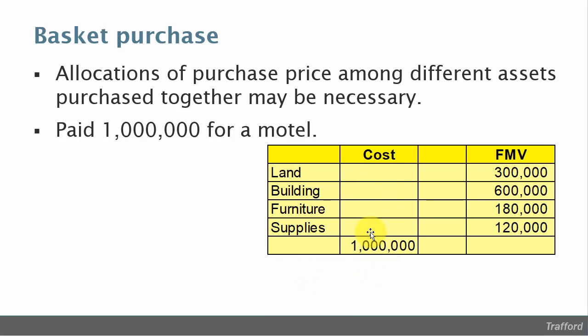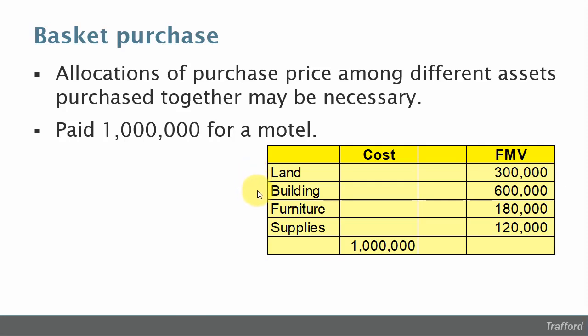Before we do that, let's talk about why we would even bother. We would need to allocate this $1 million to the various categories of assets because they have different treatments for accounting purposes. Land is not depreciated because, in general, it has an indefinite or extremely long life.